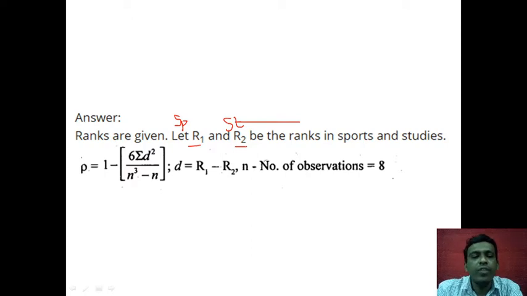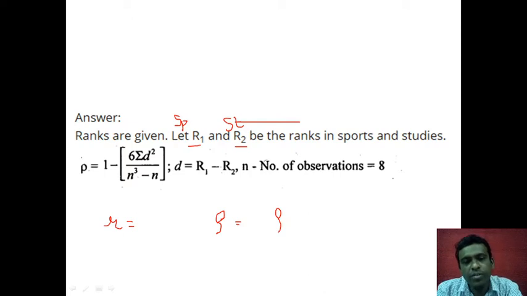Now the formula to find this. In correlation we used to say that the coefficient of correlation is R, that is the English letter. Here, for Spearman's rank correlation, we are going to use the coefficient of correlation rho, a Greek letter. This is how we write it.